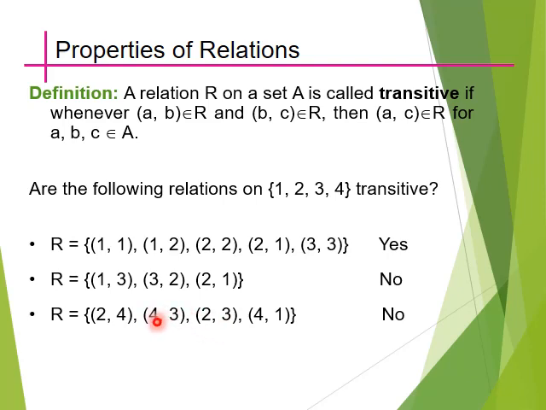But if we see (2,4) and (4,1), if we take this first and last element (2,4) with (4,1), then another element should be present, that is (2,1) should be here, but it is not here. That is not the case. Therefore, this is not a transitive relation, right?